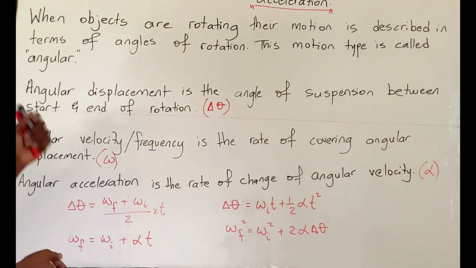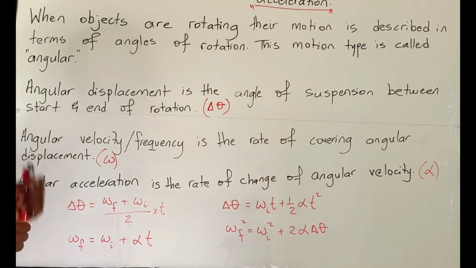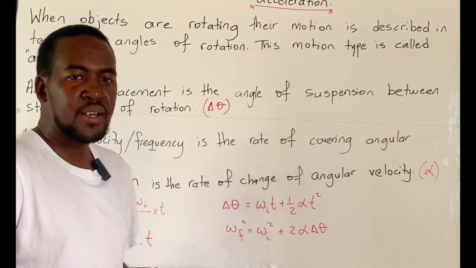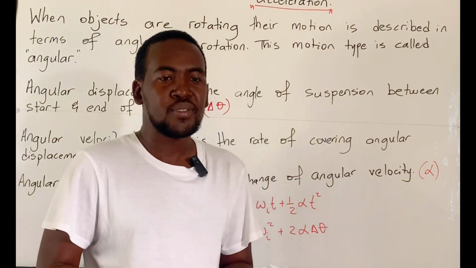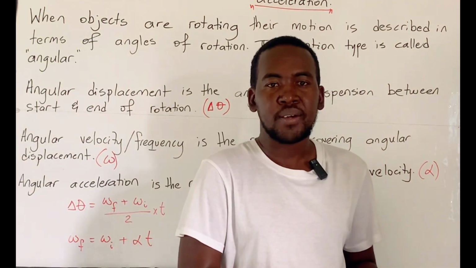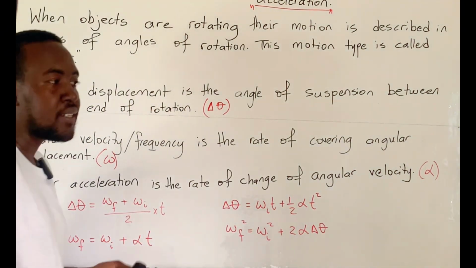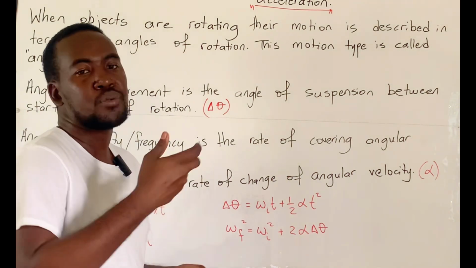So if we look at the first term here, angular displacement, because we know linear displacement has to do with moving from position A to position B. With angular displacement, it's an angle that is created when an object is rotating.